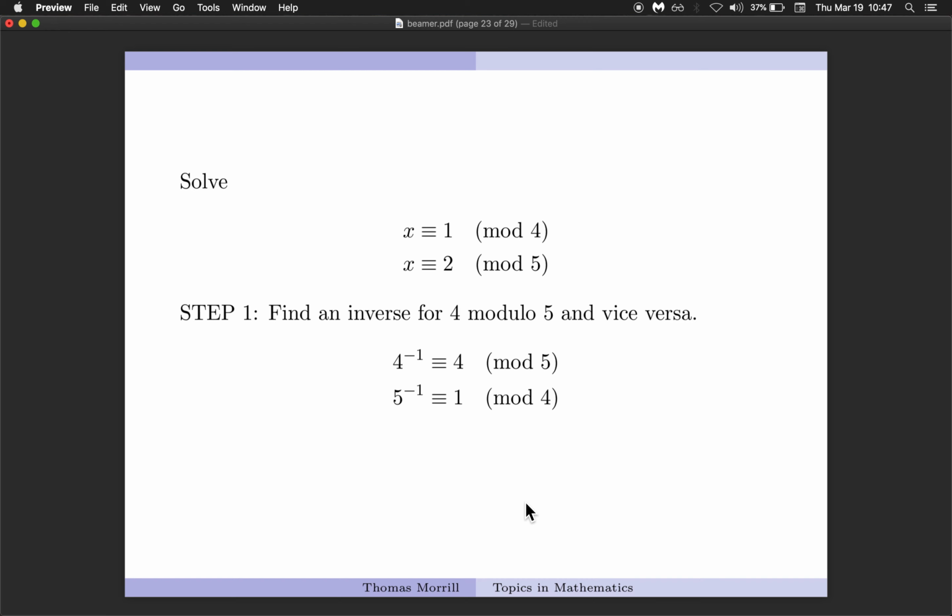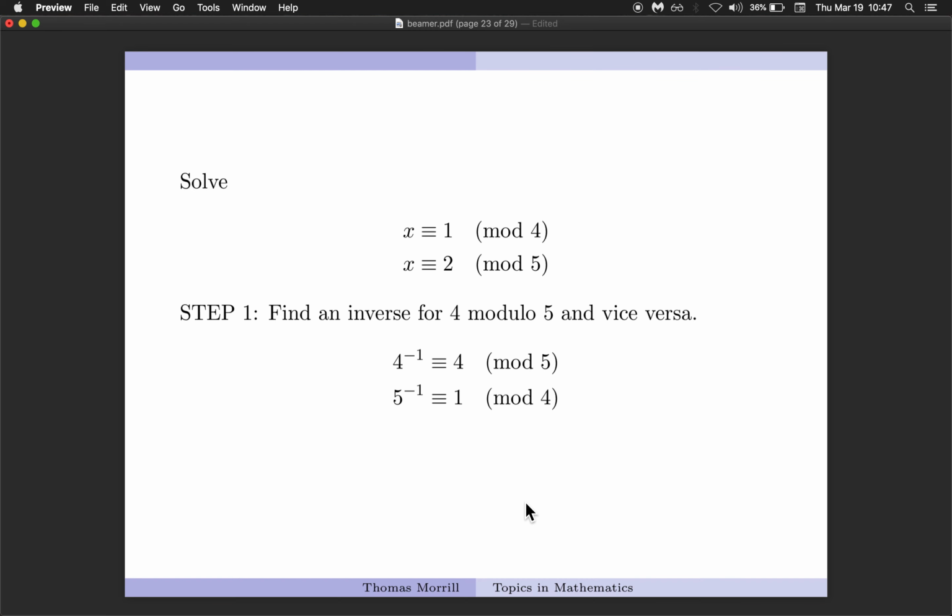I'm going to pick relatively small numbers for this demonstration. So I want an integer which has residue 1 modulo 4 and residue 2 modulo 5. In order to solve this system of congruences, I just need to follow 3 steps. And they will be the same 3 steps for any set of congruences like this.